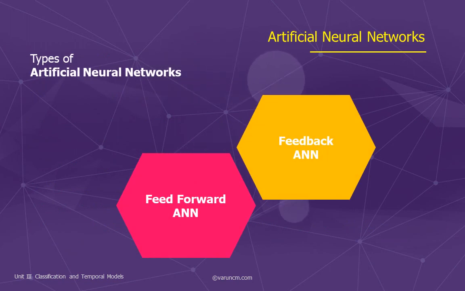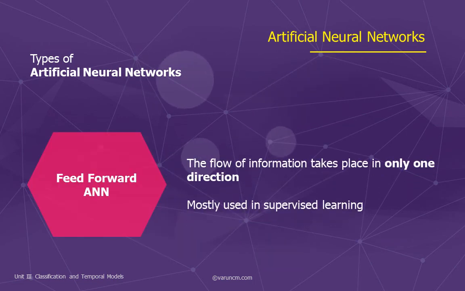When considering the types of artificial neural networks, there are two types: feed forward and feedback. Let us look into them one by one. The first is the feed forward network.